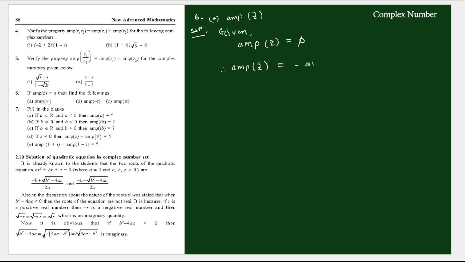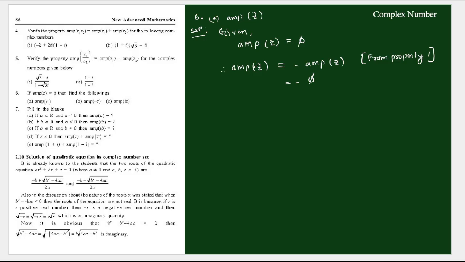This is how much? Amplitude of z. And amplitude of z is phi. So it is minus phi. This is your number A.